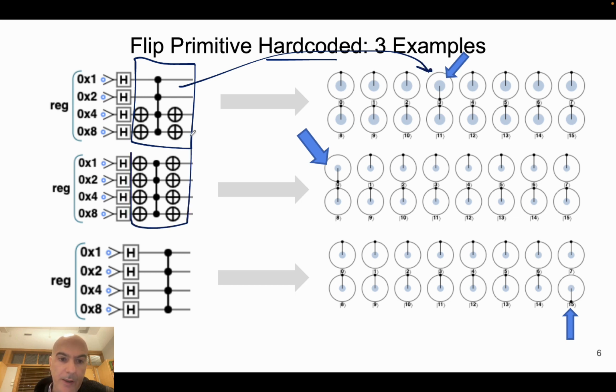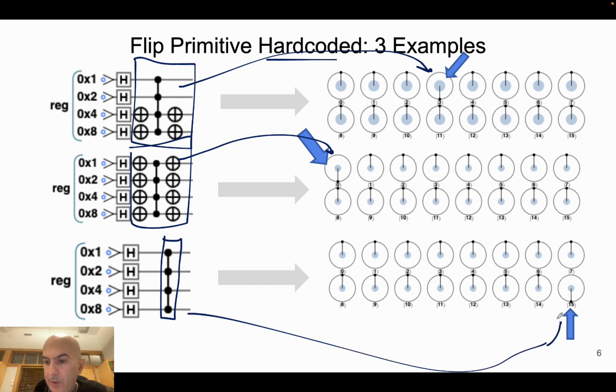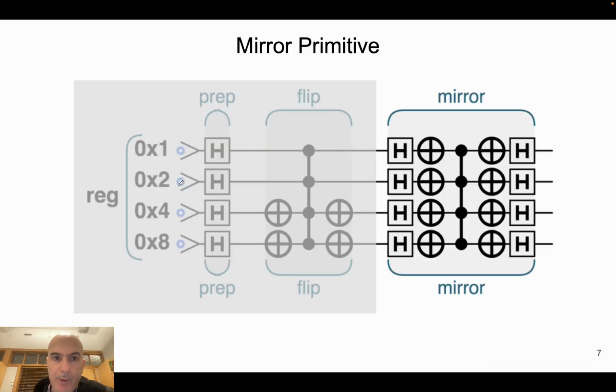This particular case allows us to flip state 0, and this multi-CZ quantum circuit allows us to flip this last state, number 15. So we want to mark one of the states with a flip of the relative phase, and we can use one of these quantum circuits to do it.